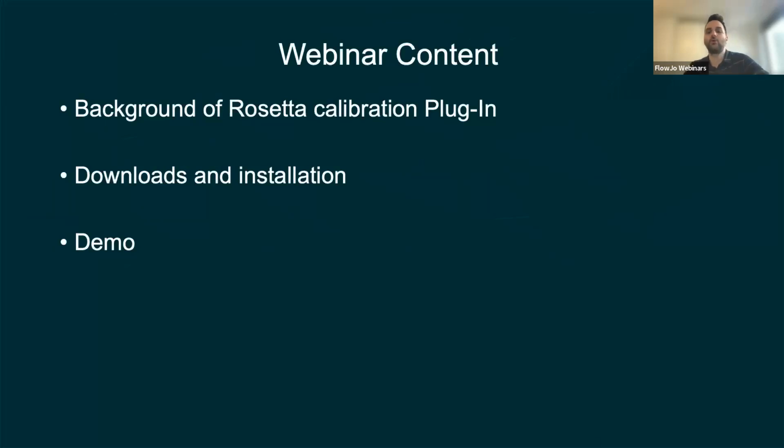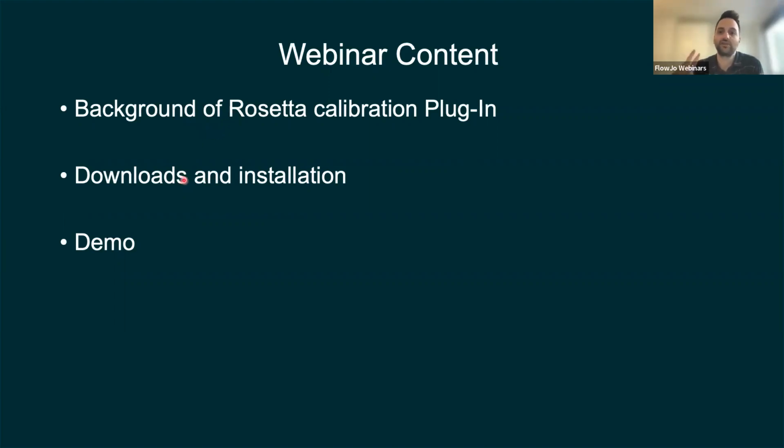So we're going to start this webinar with an introduction and background of the plugin and when it makes sense for you to use that plugin. And then I'm going to show you how to install the plugin.